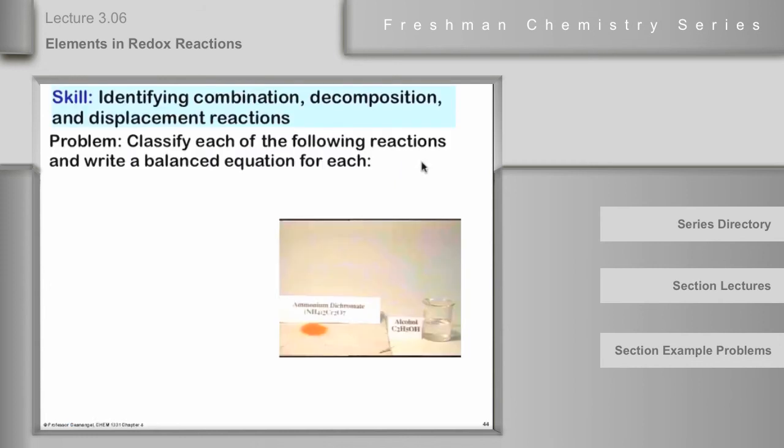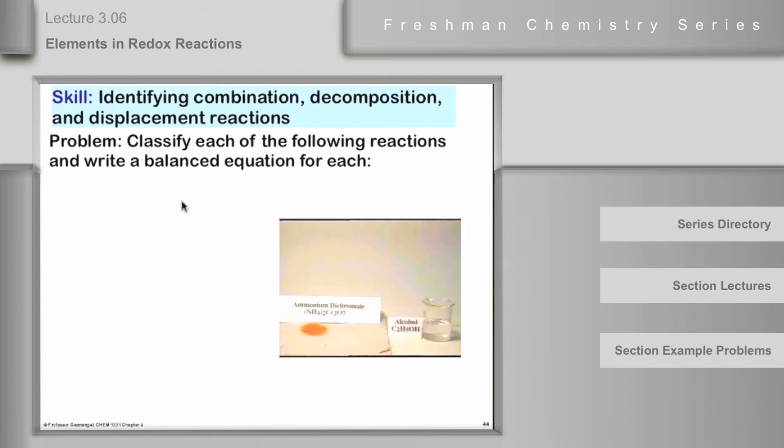All right. Then we have a few examples for us to work on. Classify each of the following reactions and write a balanced equation. So over here we have, you probably can't see it, but this is ammonium dichromate, this orange stuff right here. And over here in the beaker is some ethyl alcohol.